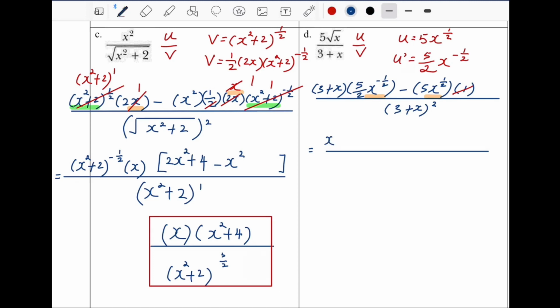X, smaller power, negative 1 over 2. Okay, let's take it out. X power negative 1 over 2 divided by x power negative 1 over 2, 1. X 1 over 2 divided by x power negative 1 over 2, so it's 1 over 2 minus negative 1 over 2, so it's 1. X power 1.